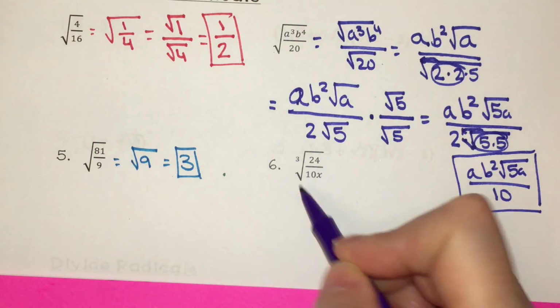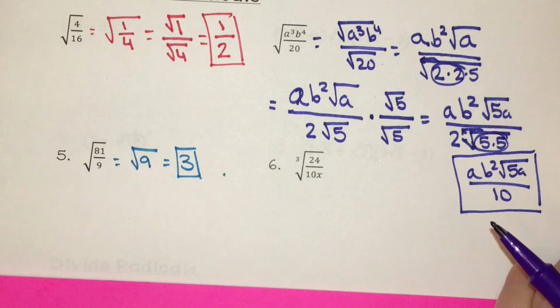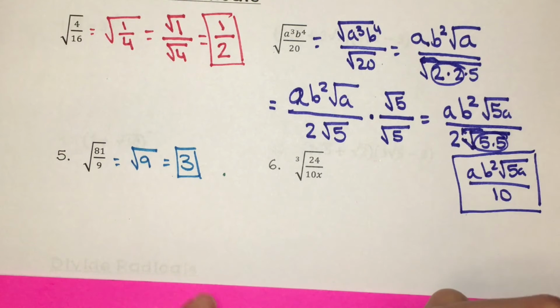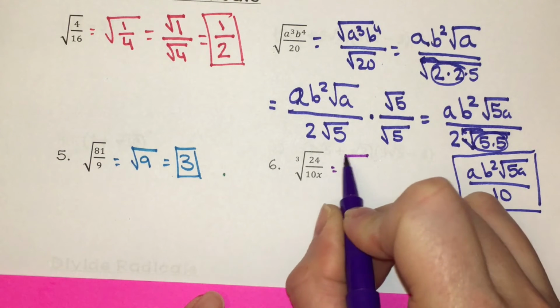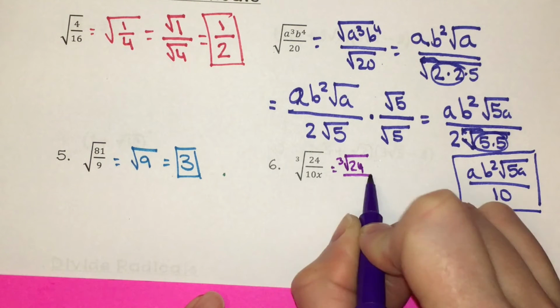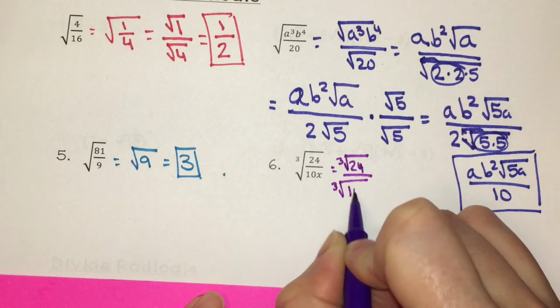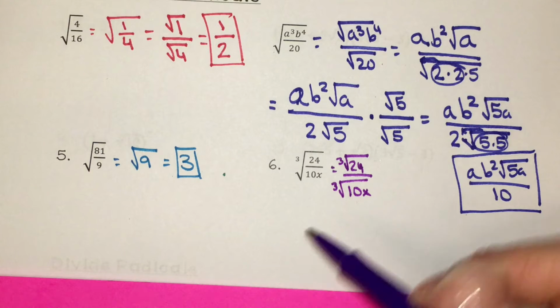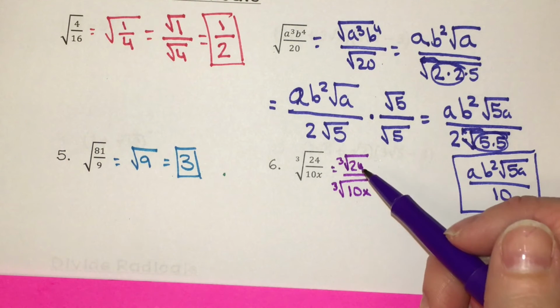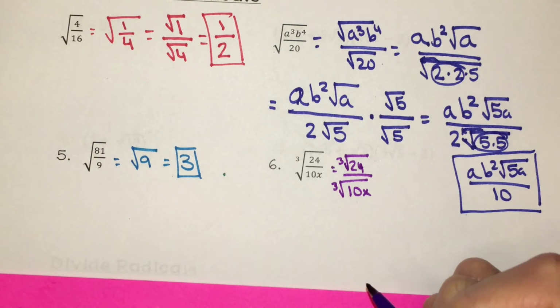All right, this one is a cube root. So we have cube root of 24 over the cube root of 10x. All right, 10 is 2 times 5, which doesn't help us at all when we have the cube root. But 24 we can break down.